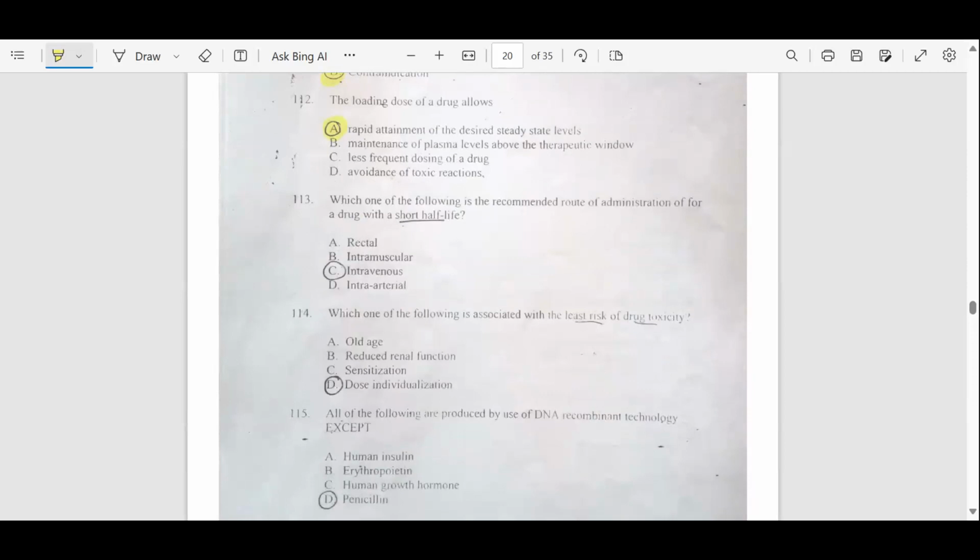So 113, which of the following is the recommended route of administration for a drug with a short half-life? We have rectal, intramuscular, IV, intraarterial. Which route of administration is preferred for a drug that usually has a short half-life?